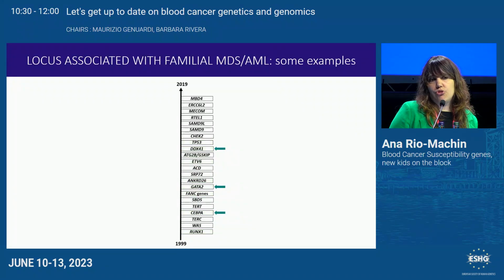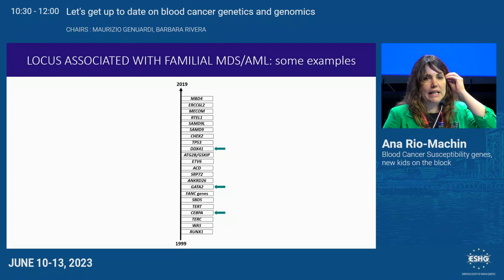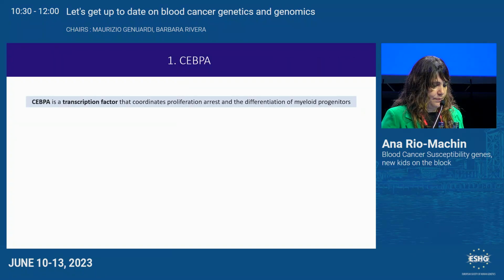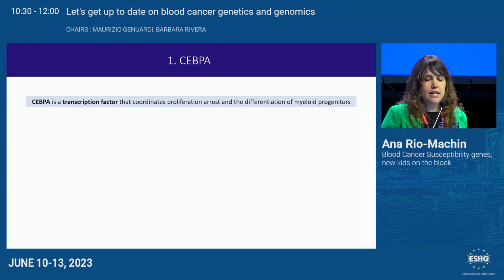I would like to illustrate the huge heterogeneity and complexity of the genetics of familial myeloid malignancies with 3 examples. The first one is CEBPA. CEBPA is a very well-known transcription factor involved in differentiation of myeloid progenitors, and it is mutated in both sporadic and familial cases, so somatic mutations and germline mutations.